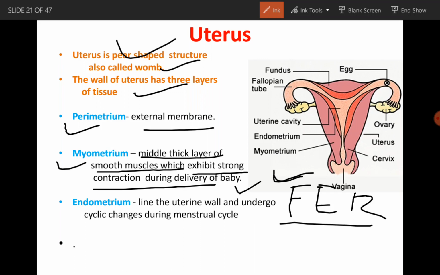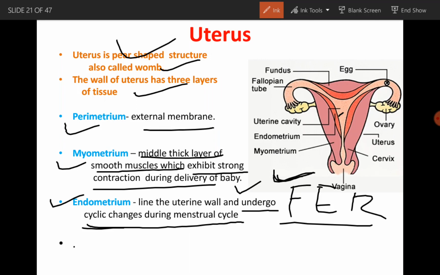It consists of three layers: the perimetrium, the outermost layer or external membrane, and the myometrium, the middle thick layer of smooth muscles which exhibit strong contraction during delivery of the baby. The fetal ejection reflex (FER) mechanism is related to this process. We will discuss it in the section on parturition.